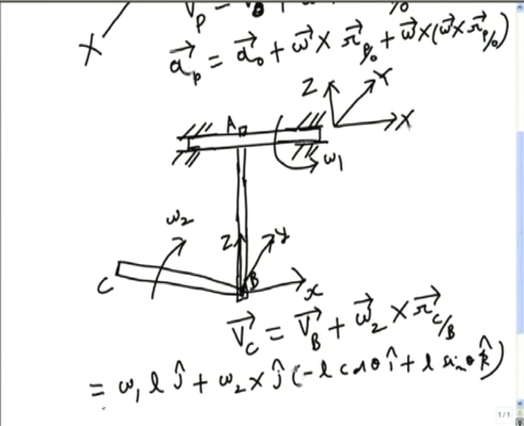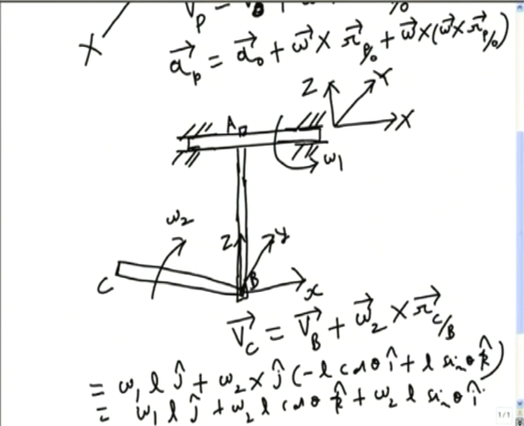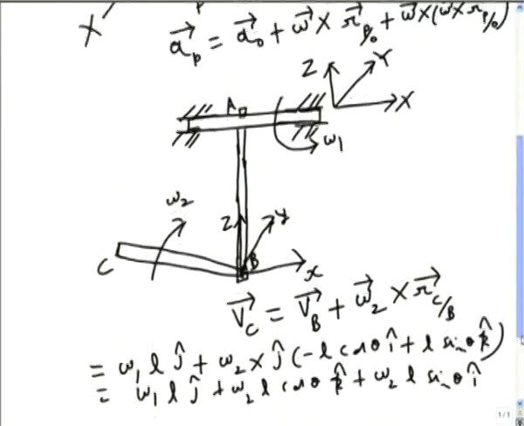If you simplify that, you get omega 1 L J plus omega 2 L cos theta times K plus omega 2 L sin theta times I. So that type of expression you get.